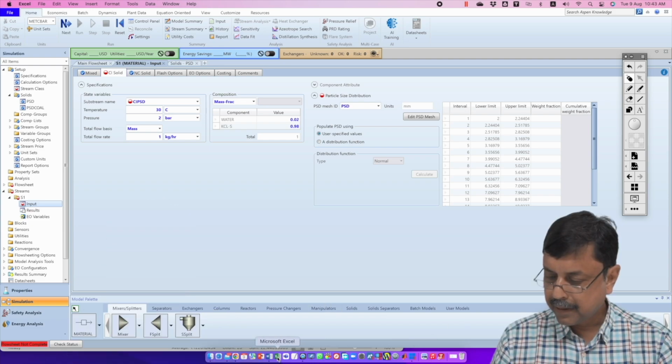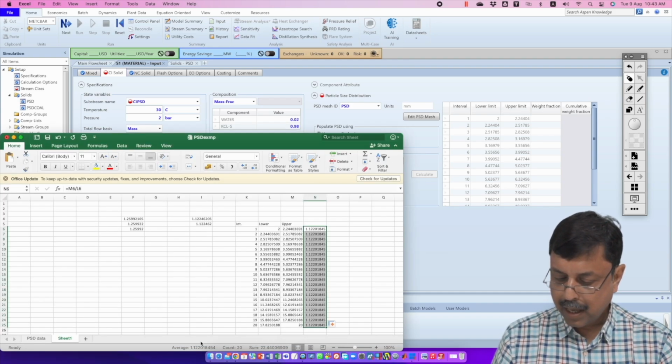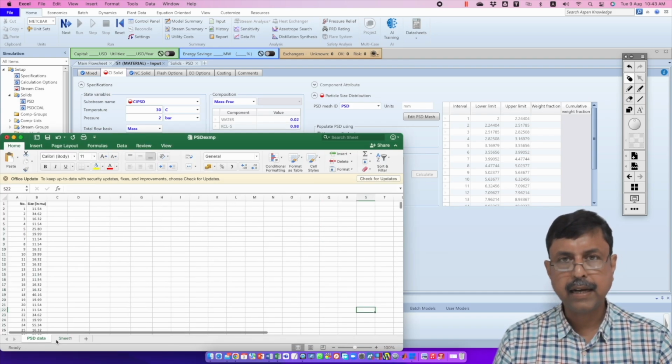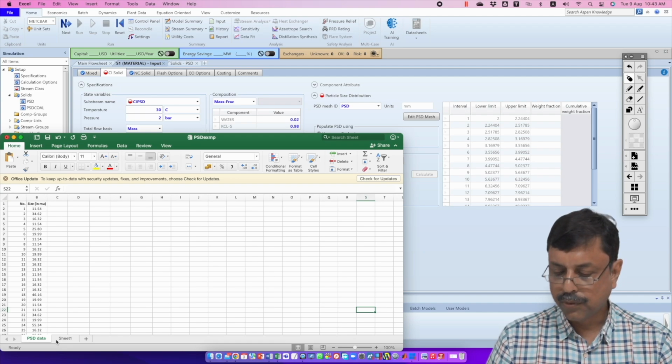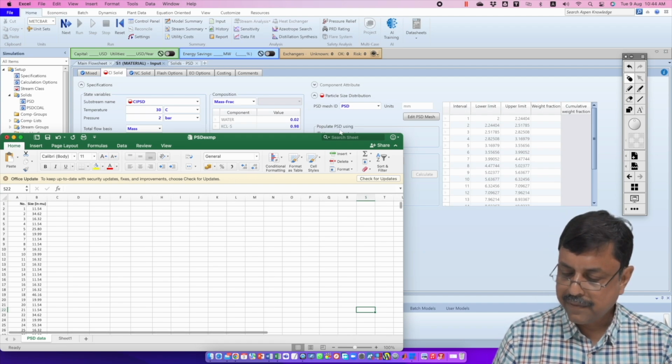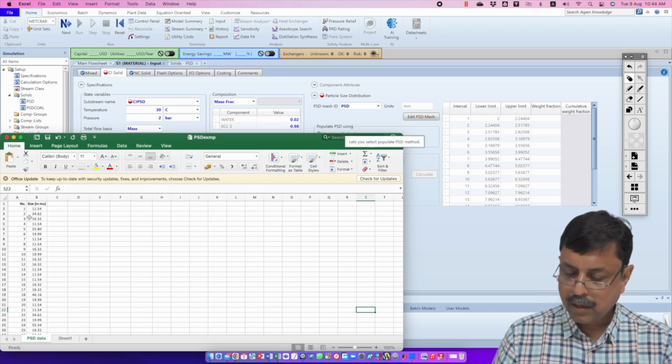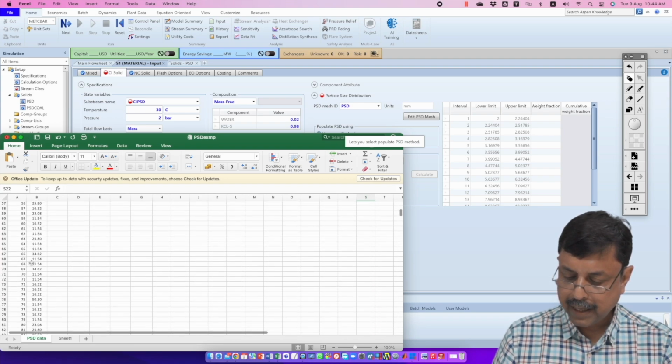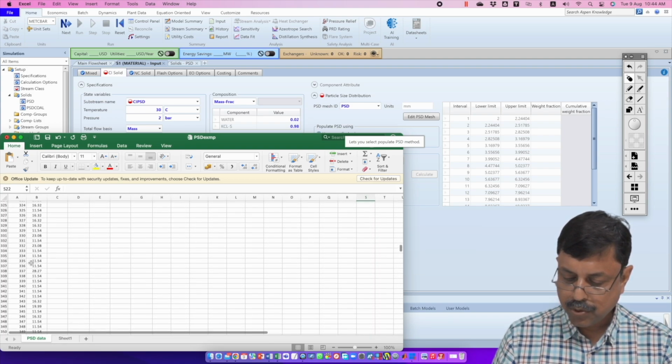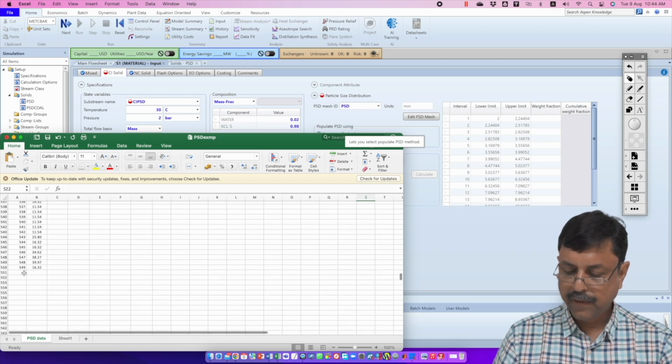So let us take an example. I have some PSD data that I have taken from some source. Now we have to work with this. Now you see the number of data points that I have is 549.